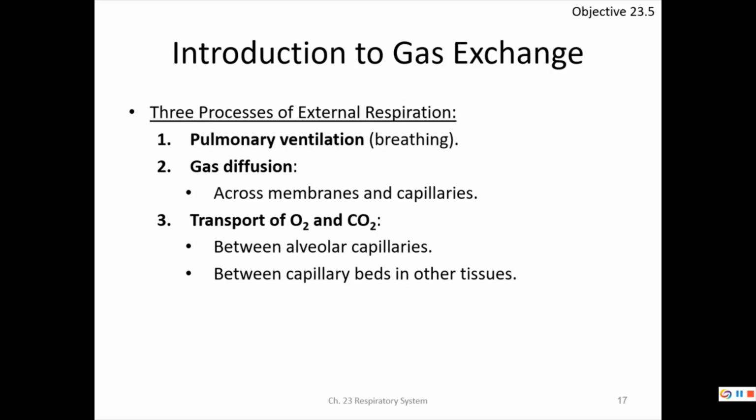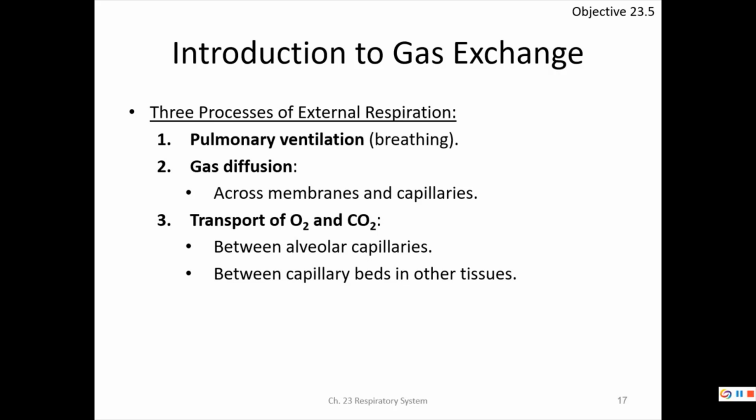Now, then we have to go across membranes and capillaries. Gases have to diffuse across the alveolar membranes into the capillaries. And then once it's in the blood, but also gas diffusion has to occur between the capillaries and cell membranes. So we have to have that. But we also have to diffuse from the lungs to the tissues, tissues to the lungs.